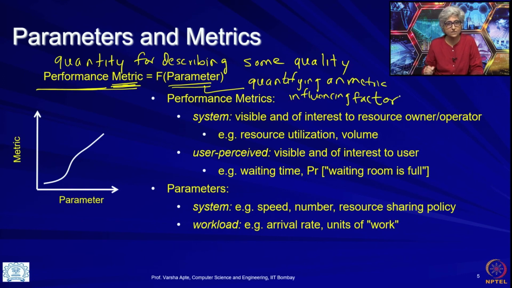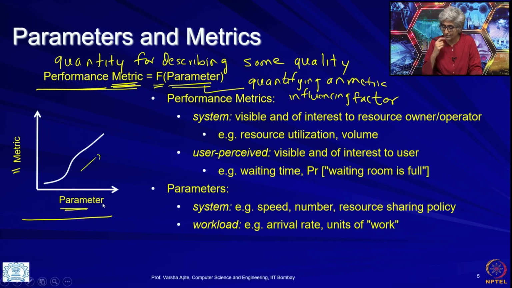Basically the metric is going to be a function of the parameter, and this is just a general graph. This is not any particular metric or any particular parameter, but this is what the relationship is. You will generally plot a metric as a function of a parameter. In this case, whatever this metric is, it is increasing in this way as the parameter increases.